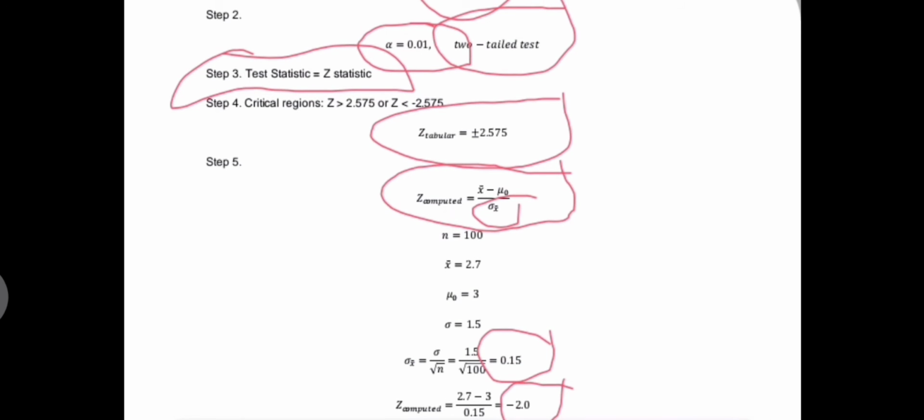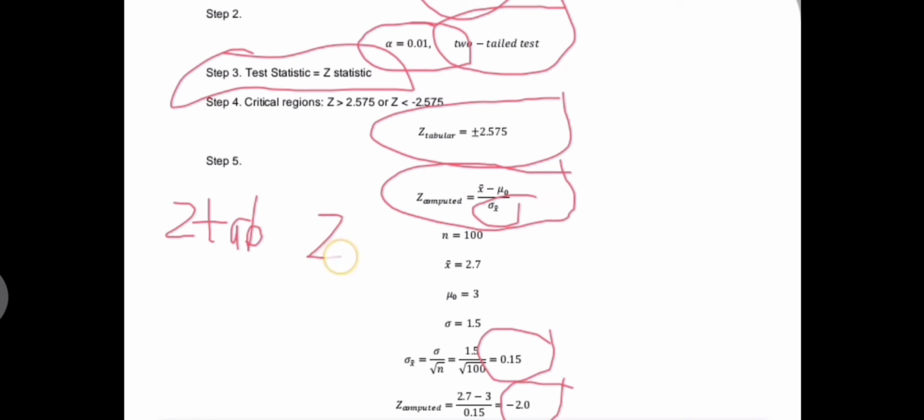The next thing to do is to decide and conclude. Let's first write Z tabular and Z computed. Our Z tabular is equal to 2.575, while our Z computed is equal to -2.